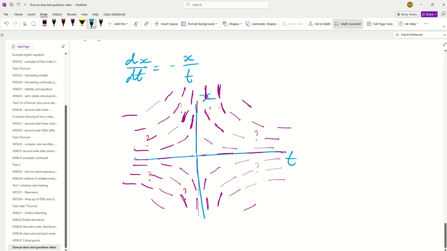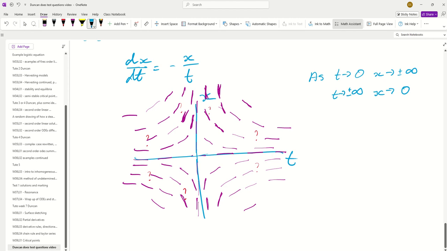So as t approaches 0, x approaches plus or minus infinity, depending on where you happen to be. As t approaches infinity, x tends to 0. Alright, and then that's plus and minus infinity.